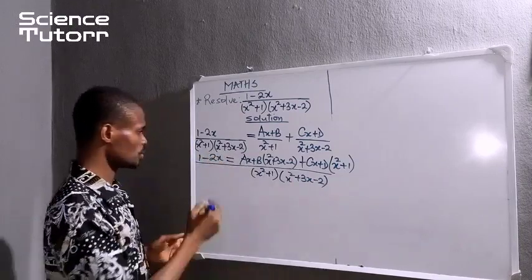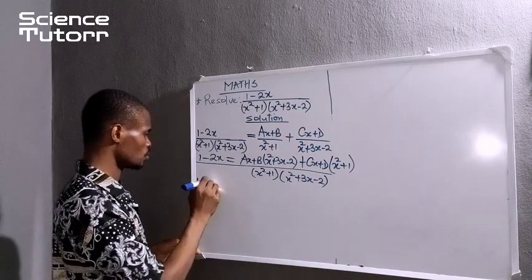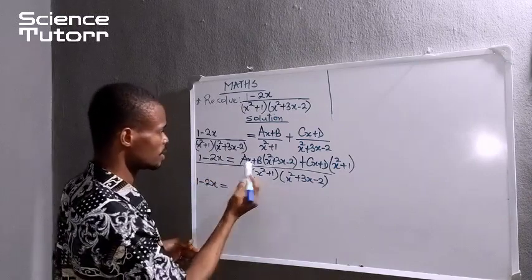So what we simply do is to expand. So 1 minus 2x will be equal to, we expand this times this.